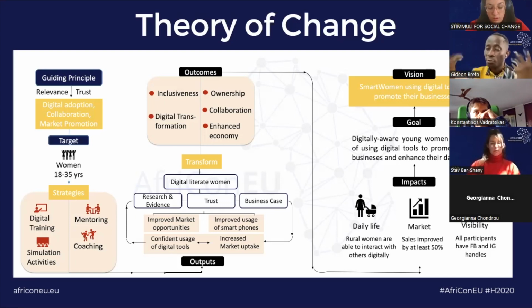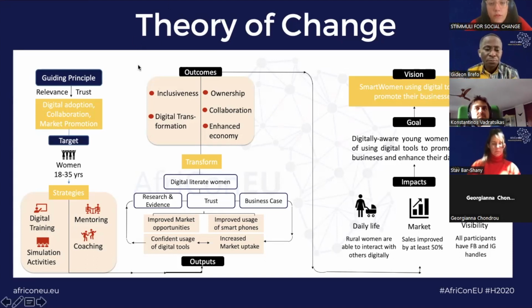And then also visibility. So we looked at how they can brand their social media handles. So all these things were done, and it was easier for everybody involved in this project to follow through because we had the theory of change clearly spelled out.